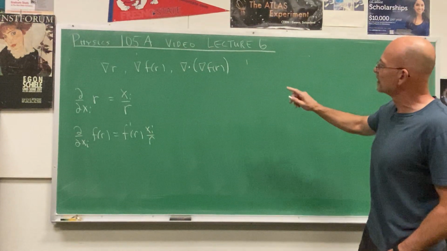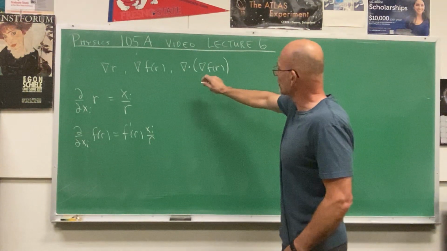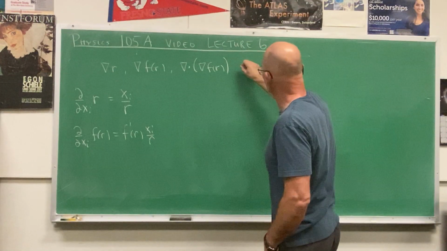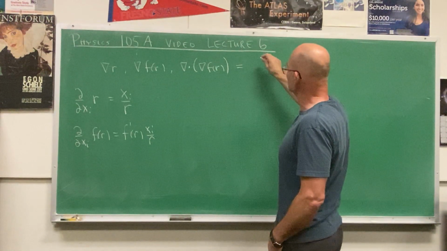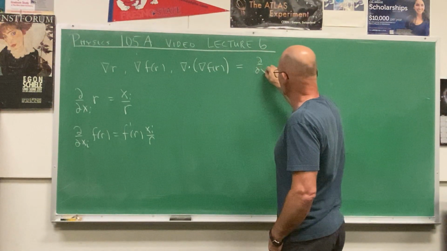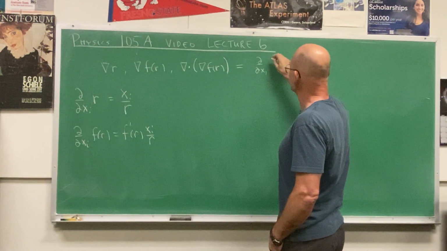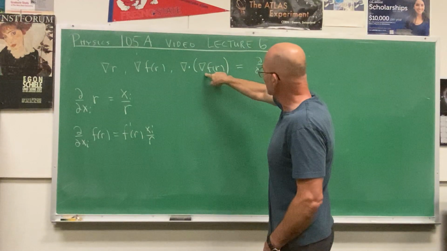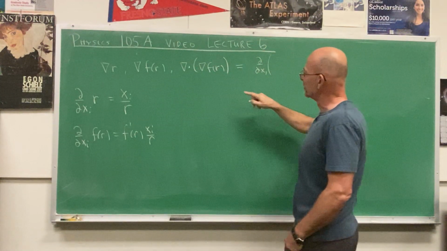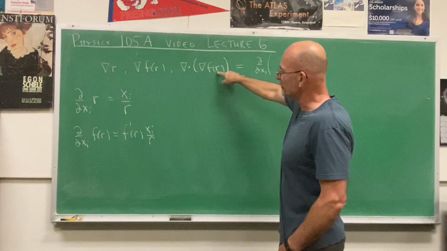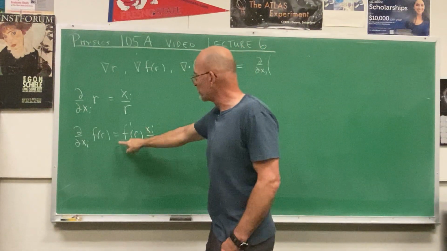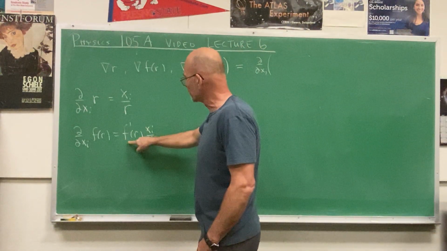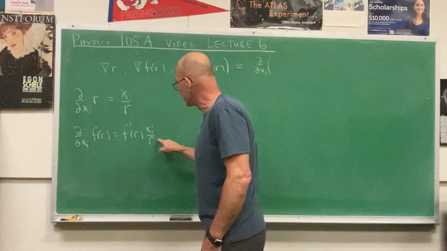Now we want the divergence of the gradient. I'll work right off of this expression here. So first of all, by definition, that would be d/dx1 times the one component of the gradient of f of r. So the one component of the gradient of f of r is this one here if I let i equal 1.